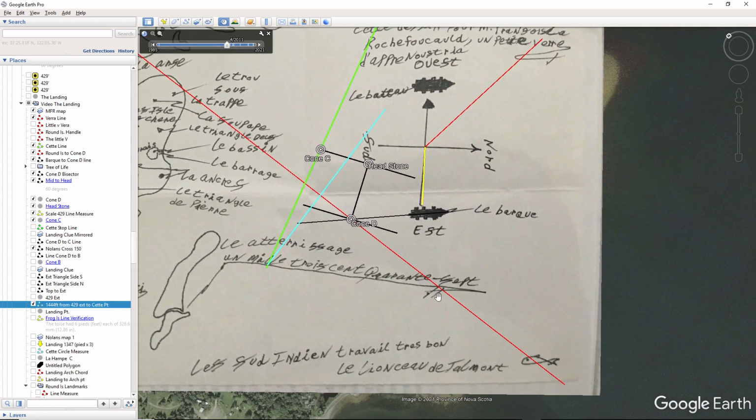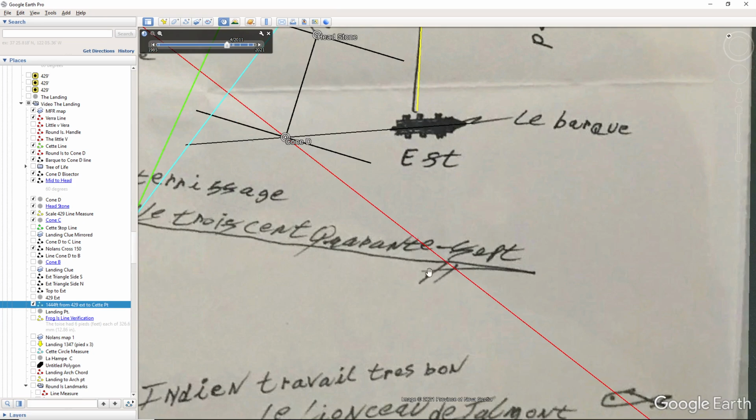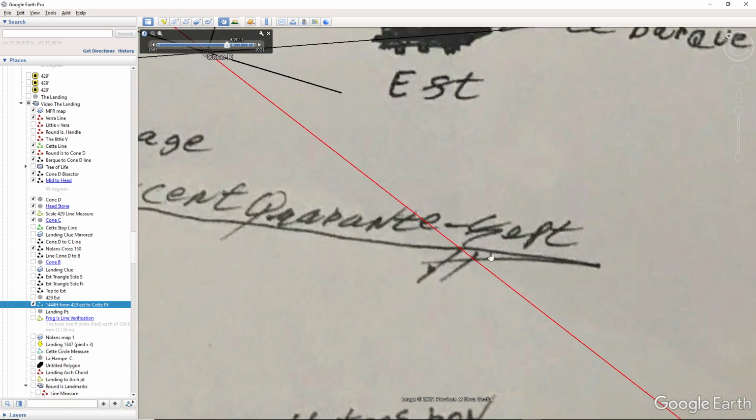So, that gets all into the landing, which I'm not going to get into today.